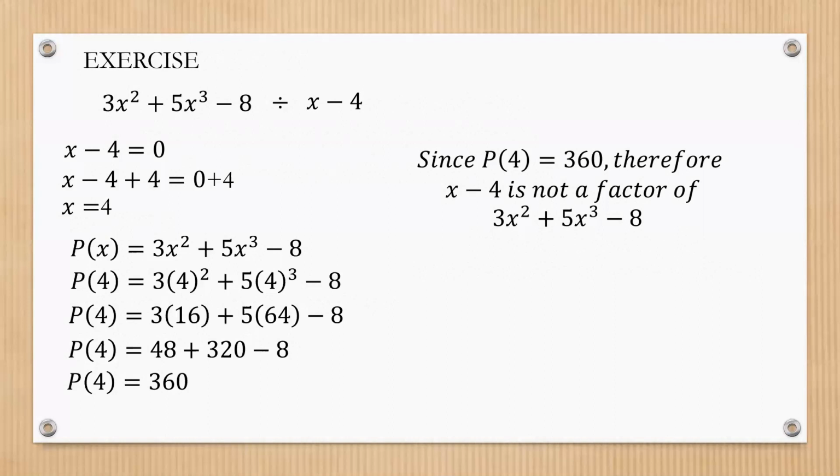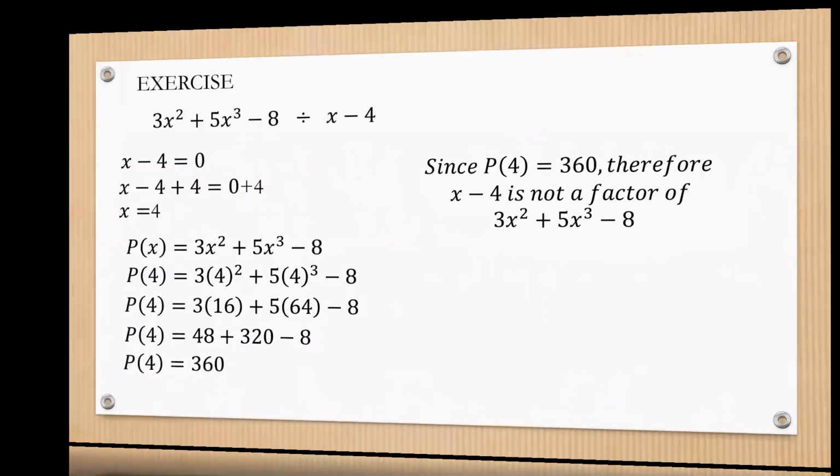Okay? So do you understand? It means that even without x minus 4, 3x squared plus 5x cubed minus 8 is still the same. It has no connection, it is not connected to x minus 4. So it's not a factor of it.